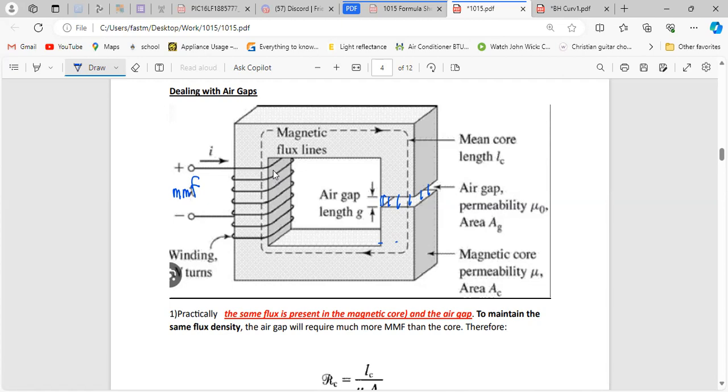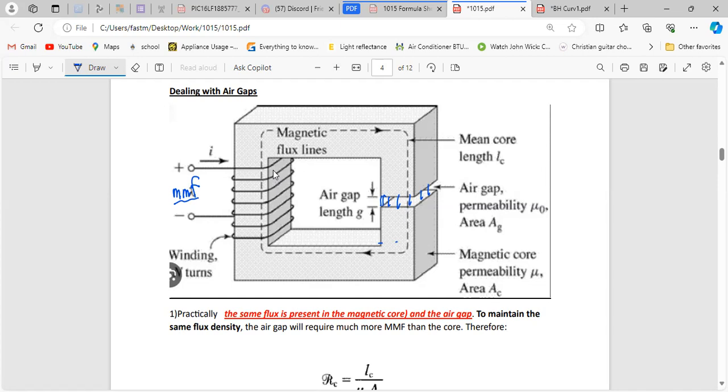When you do the calculation, the MMF needed for the core itself will be significantly smaller than the MMF needed for the air gap. So when you add everything up, because of this air gap, you need a lot of MMF to go through it.